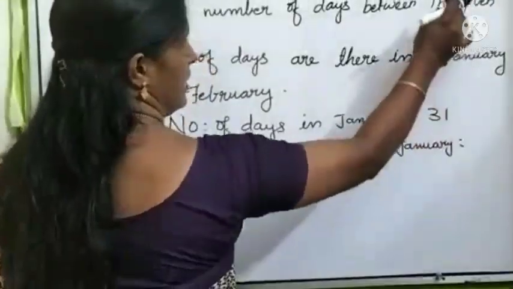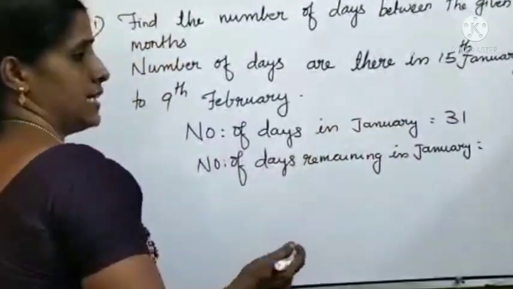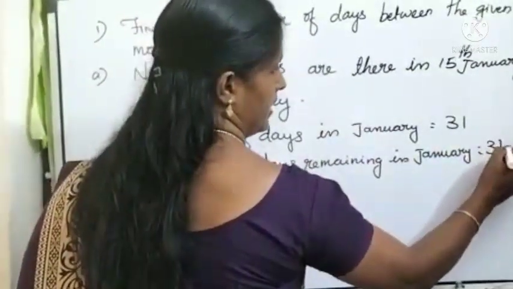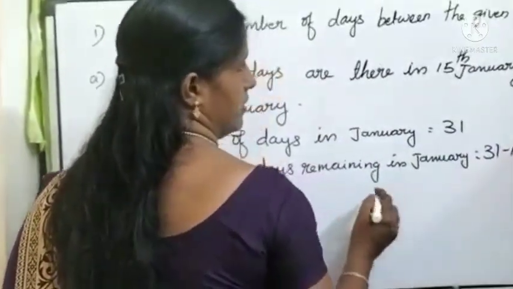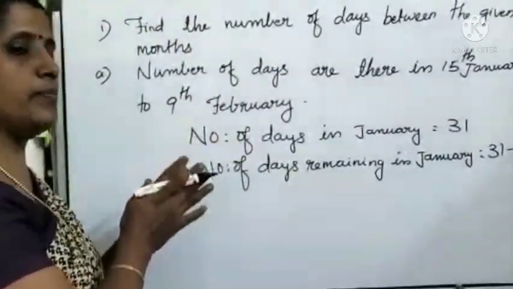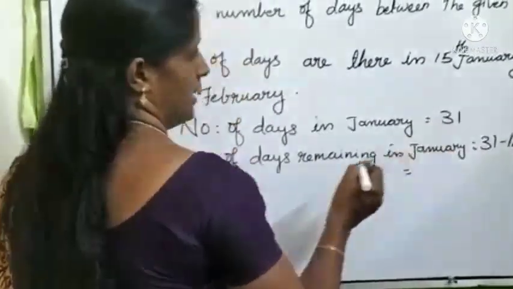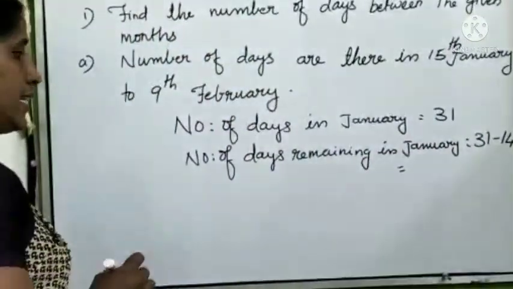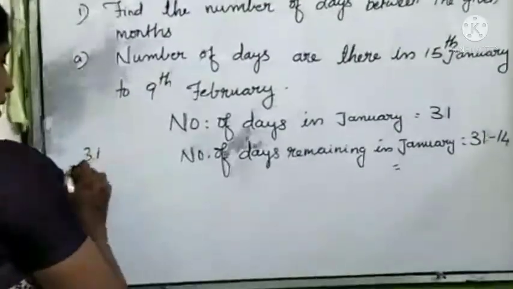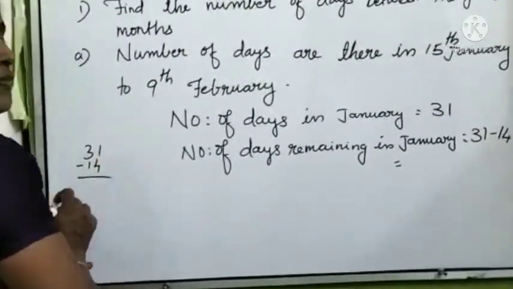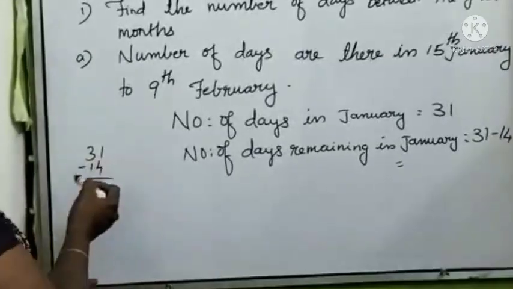So here starting with the 15th January, 31 minus 14. Starting with the 15, so before that day we need to subtract it. 31 minus 14, what is the answer? 1 minus 4 is possible?